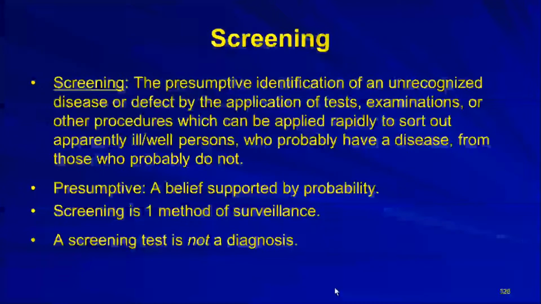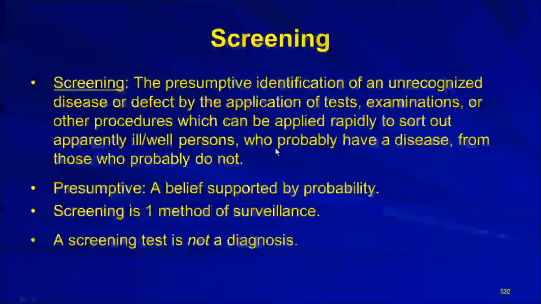Now, let's just look at this together. It's the presumptive, and what we mean by presumptive is a belief supported by probability, identification of an unrecognized disease or defect by the applications of tests, examinations, or other procedures which can be applied rapidly to sort out apparently ill and well persons from those who probably have the disease and those who do not.